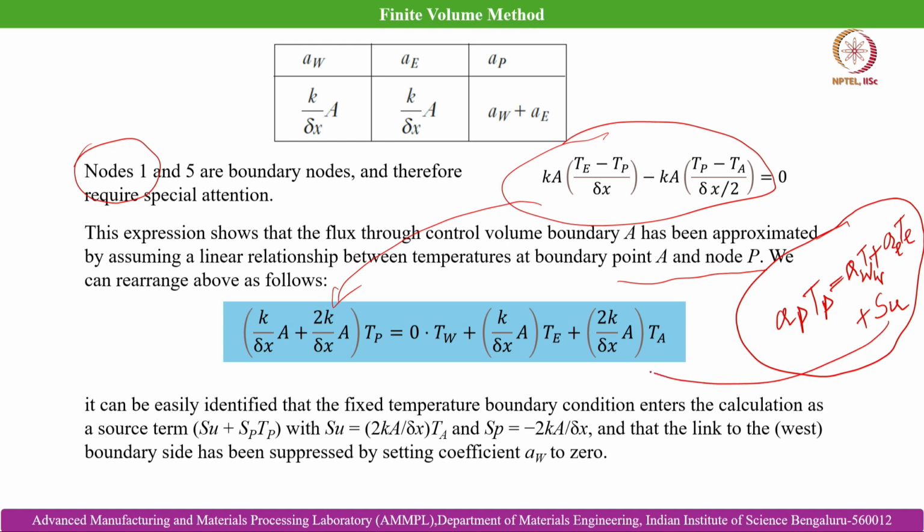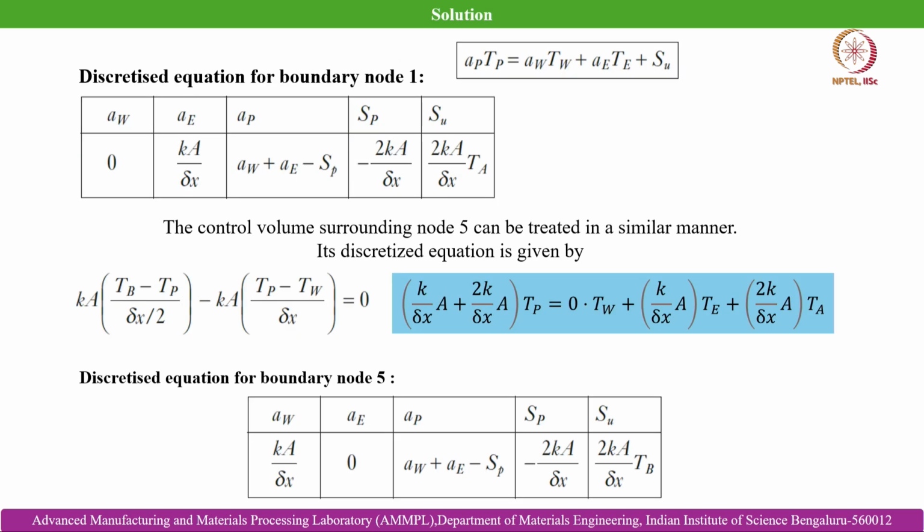You just look here: SU is equal to 2KA by delta x into TA. As we already know, the source term is equal to SU plus SPTP. We will understand how we can calculate SP in the next slide. So, we have understood how we calculate AW, AP, AE and SU from here.